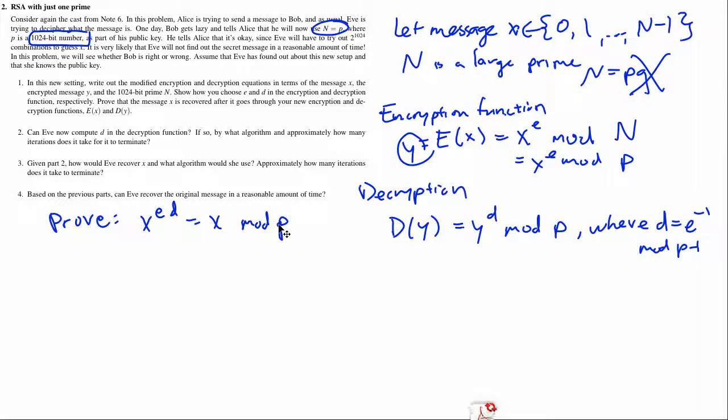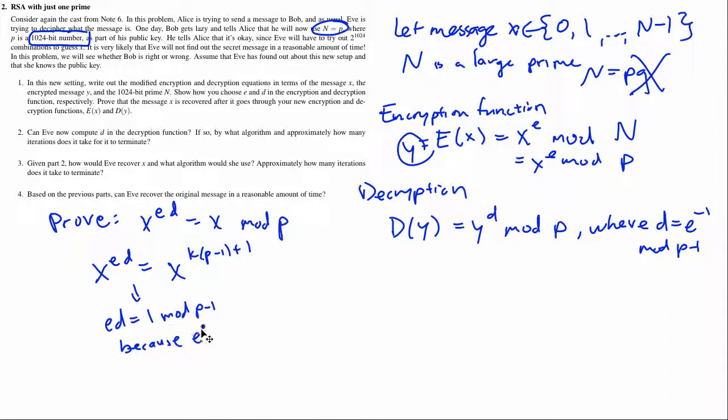So how do we go about doing that? Recall from the RSA proof that you had x to the ed equals x to the k times p minus 1 plus 1. Where did that come from? Well, you know that e times d is equal to 1 mod p minus 1 because e inverse equals d. So this is basically just saying that we expand 1 to 1 plus k(p minus 1) regularly.